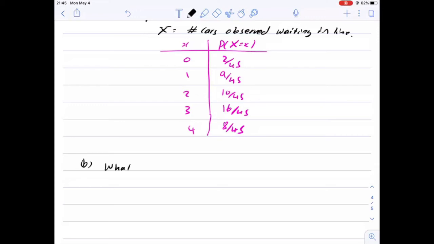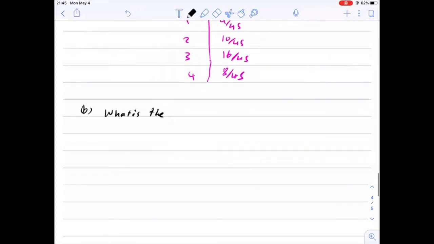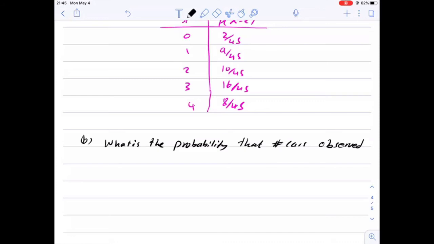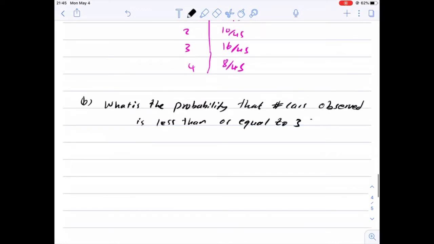Part B, we want to know the probability that the number of cars observed waiting in the 2-minute intervals between 3 p.m. and 5 p.m. is less than or equal to 3.